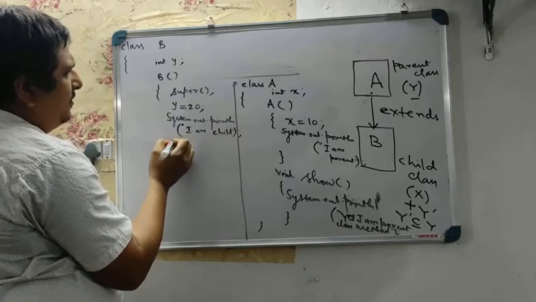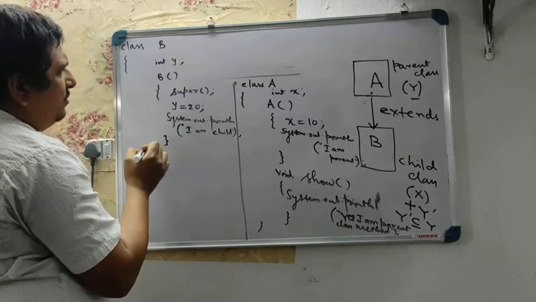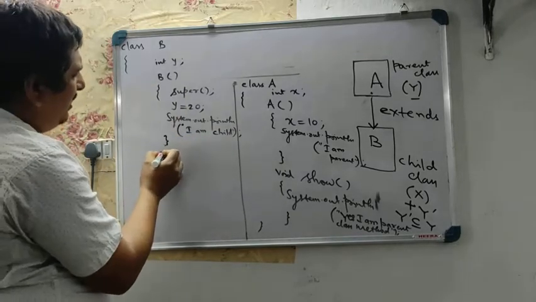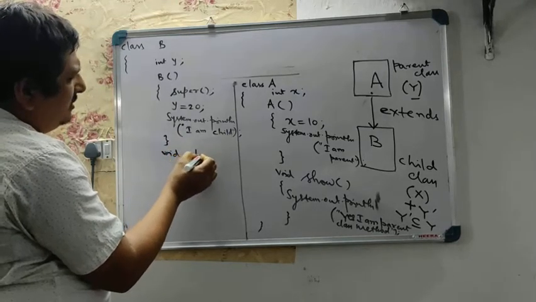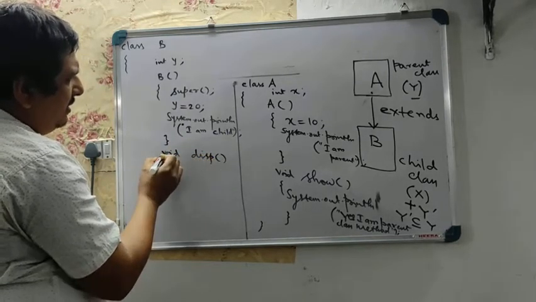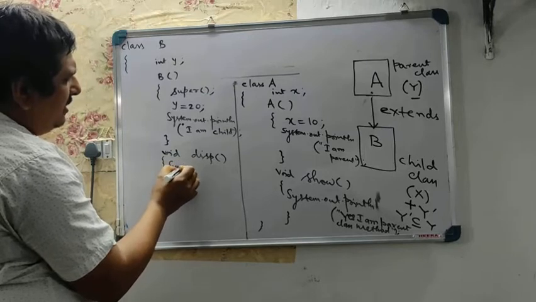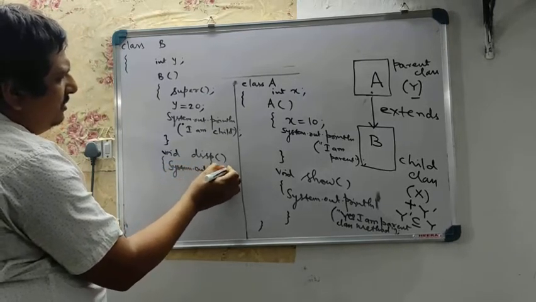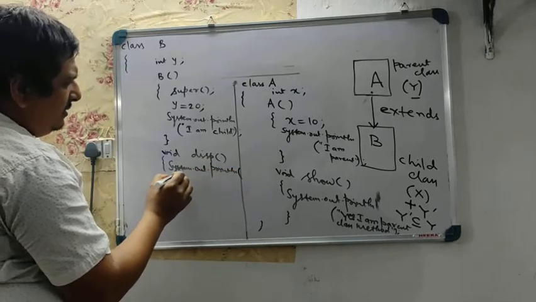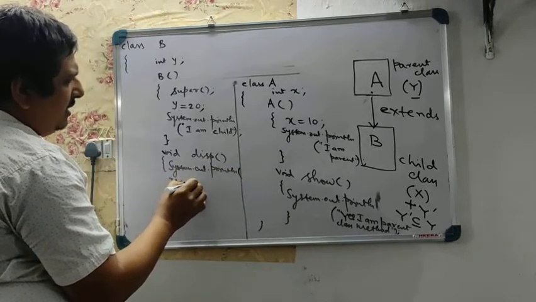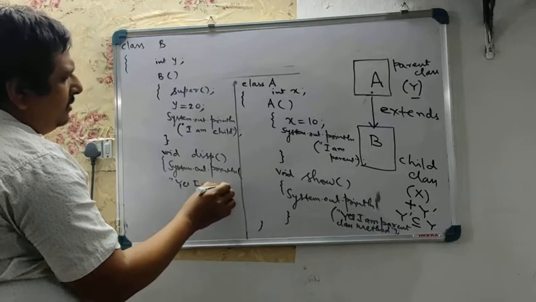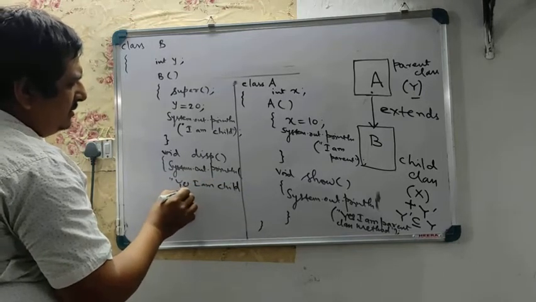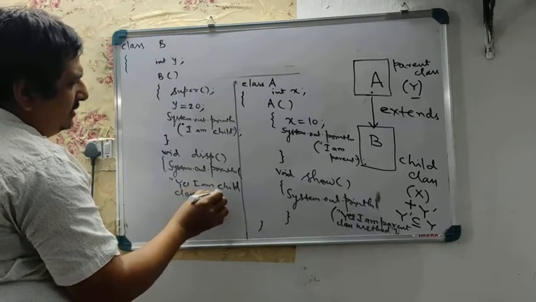Okay, so this is your B constructor, and then I am writing void disp. Within that I am writing again system.out.println. "Yes, I am child class method."